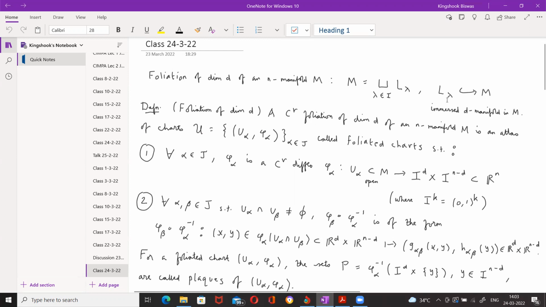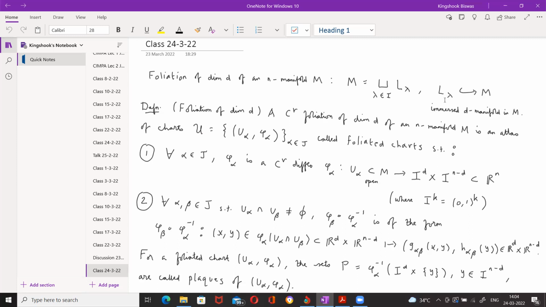That means from each L_lambda into M there is an injective smooth map whose derivative is injective at all points. So that's what an immersion is.